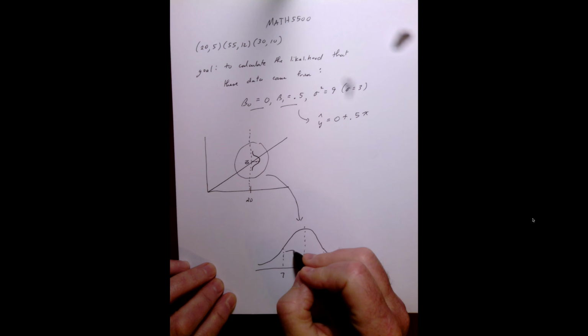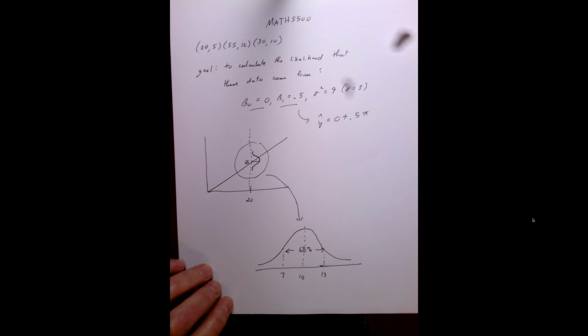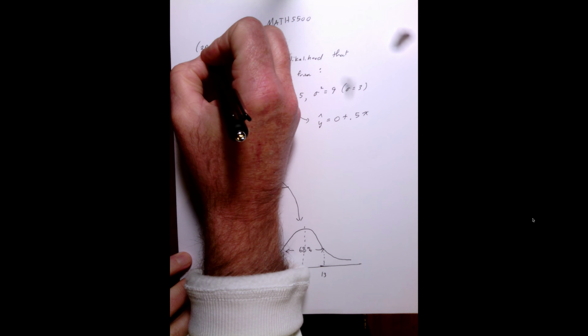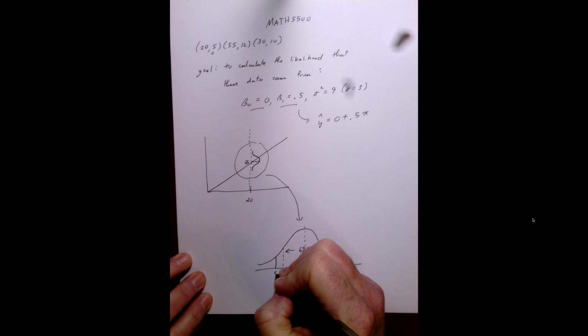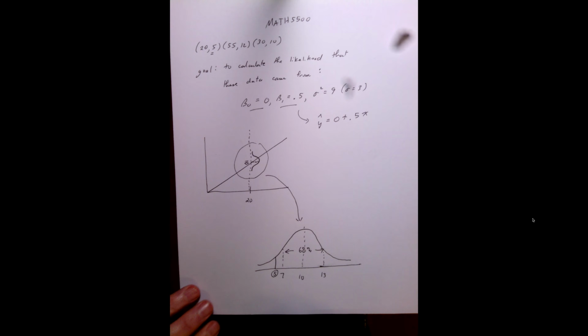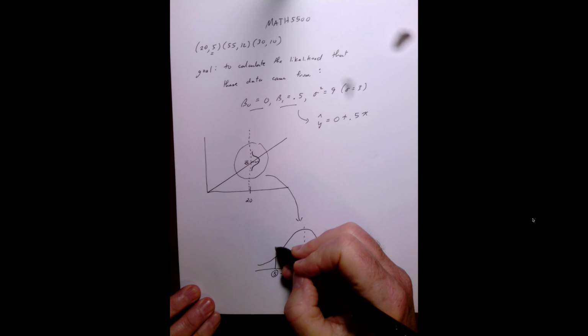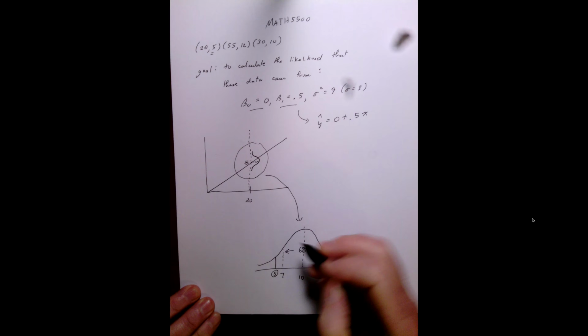We know that approximately 68% of the cases, the measurements will be between one standard deviation below and one standard deviation above. Now, our focus is on this 5. This 5 will have a density, and it should make sense that the taller the density is, the more likely it came from this distribution.